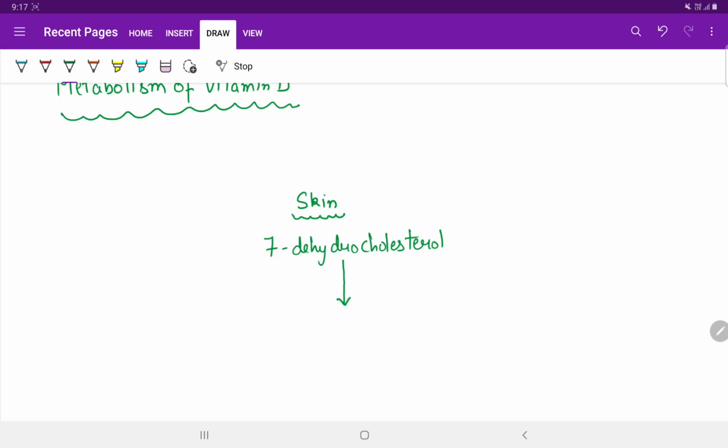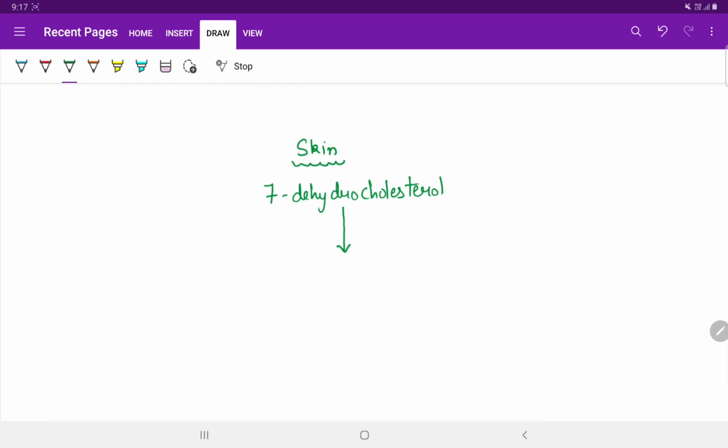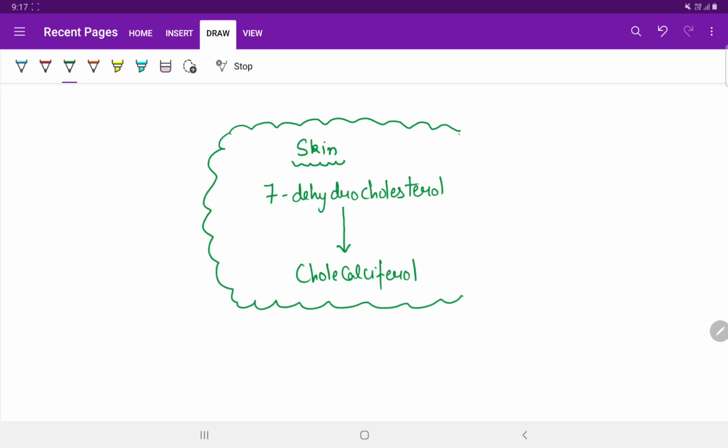In the presence of UV light, it leads to the formation of cholecalciferol, and this complete reaction occurs in the skin only. So remember that this reaction occurs in the presence of UV light. So in the sunlight it leads to formation of a proactive form known as cholecalciferol.